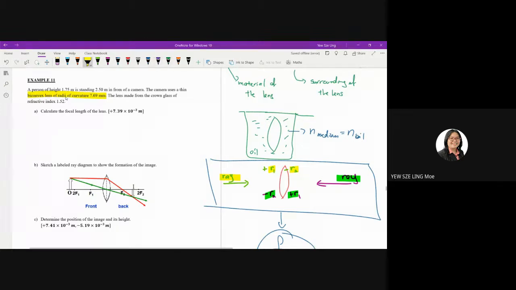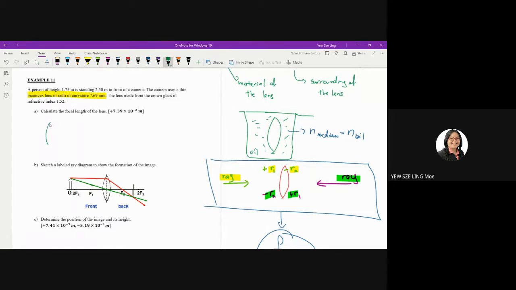So you are given just one R, which means both surfaces have the same radius. Your R1 equals R2, equal to 7.69 mm. The only thing is that you have to determine whether it is a positive or a negative value. The lens is made of crown glass of refractive index 1.52.